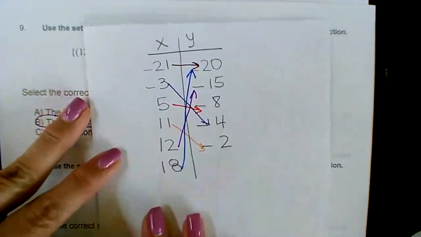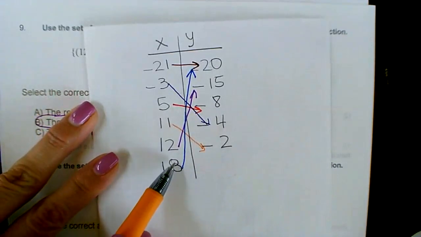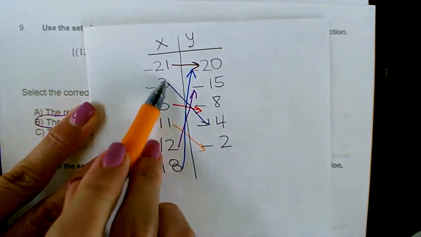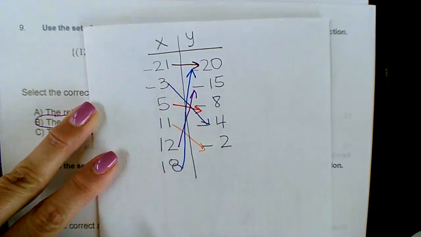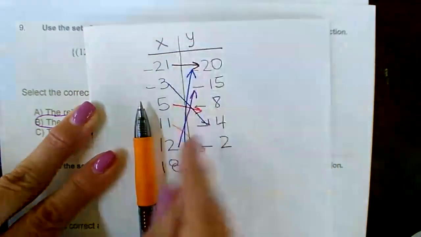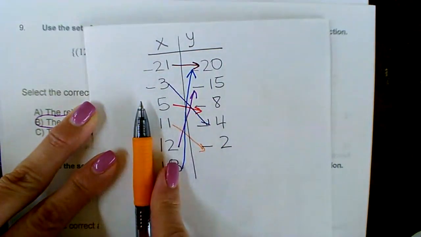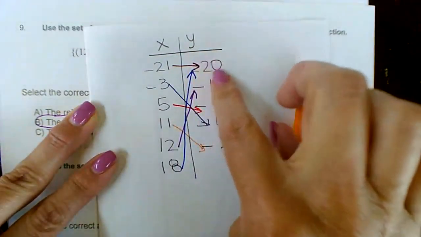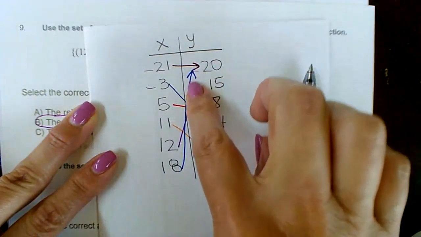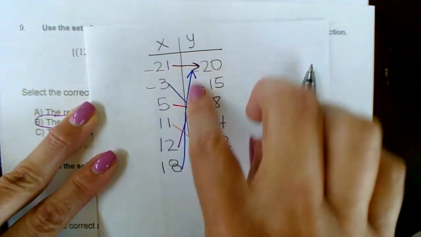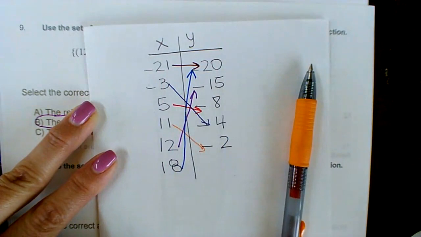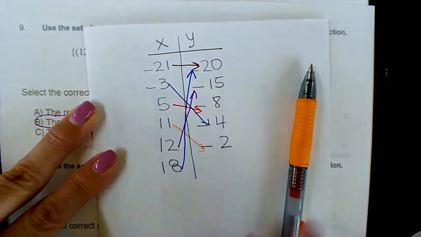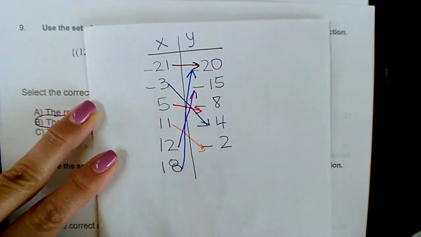So I just want to show you here that from every x, there's only one arrow pointing to the y-axis. So that's a function. But it's not a one-to-one because from negative 20, you see two arrows, one going this way and one this way. It's not a one-to-one. That's what I wanted to show you.